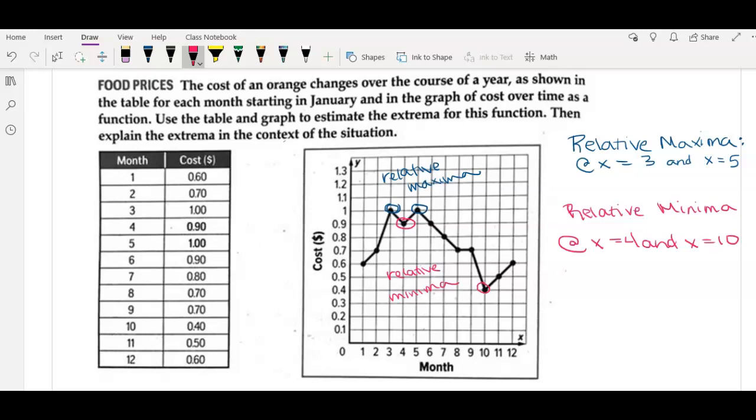So when we explain the extrema in the context of the situation, what's happening at the relative maxima? At the relative maxima, the oranges are the most expensive.